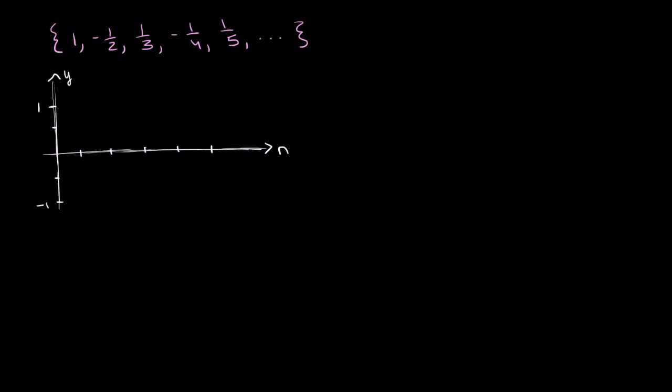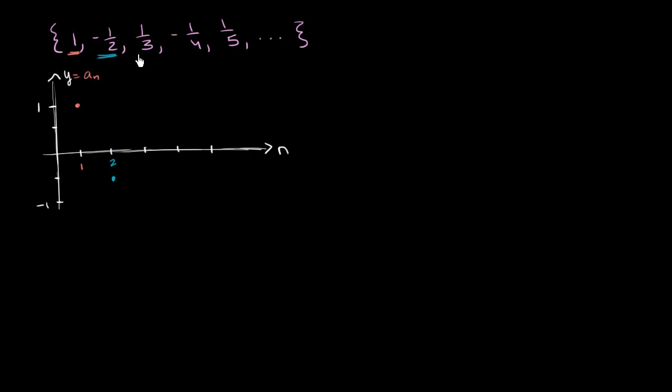So we see here that when n is equal to 1, a sub n is equal to 1. So this is right over there. Now, when n is equal to 2, a sub n is equal to negative 1/2.